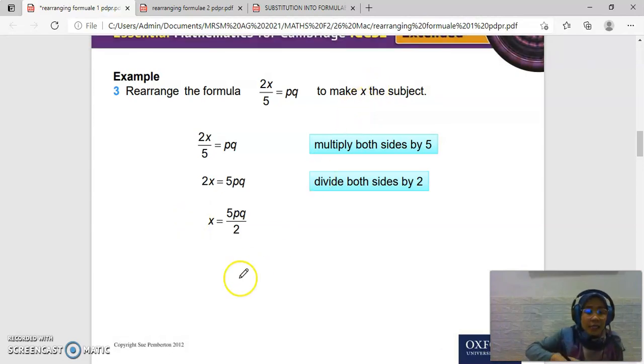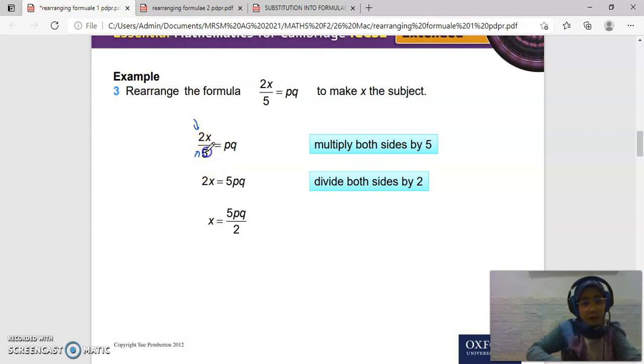So to make x the subject, for this part, anything beside x is 2 and 5. So what must we do first? You must bring anything in the denominator to the other side before you move the other unknown part.